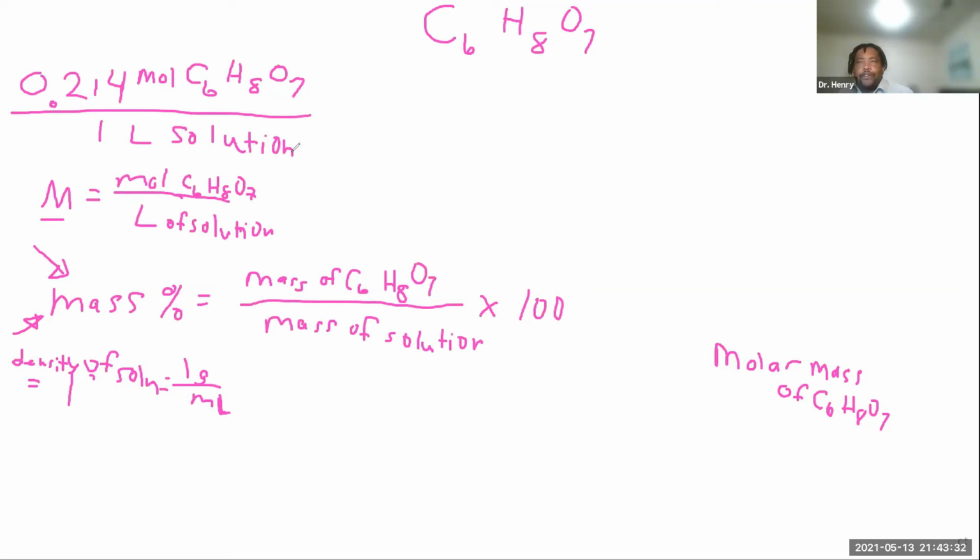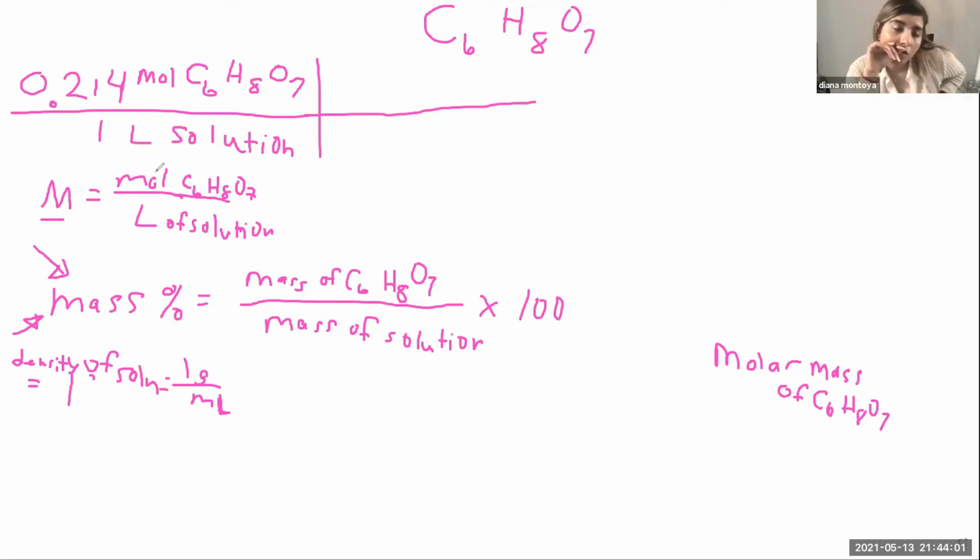Slow down for a second. This here basically means the same thing as molarity. So I have 0.214 moles over 1 liter of solution. What do I know about the solution? I know the density, right? In grams per milliliter.